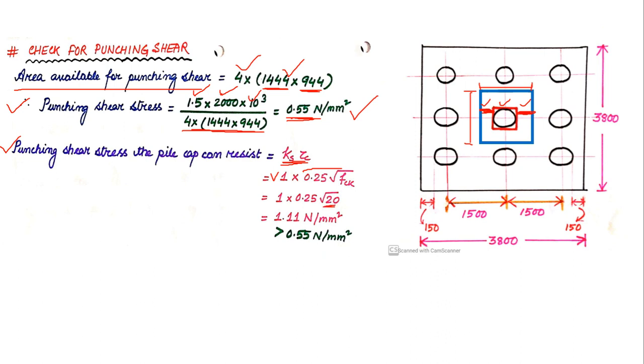If you solve this overall equation, you will get the value as 1.11 Newton per mm square. So the pile cap can resist a punching shear stress of 1.11 Newton per millimeter square, whereas the punching shear stress actually acting is 0.55 Newton per mm square, which is less than the resisting shear stress. So this way the pile cap is safe when it comes to punching shear.